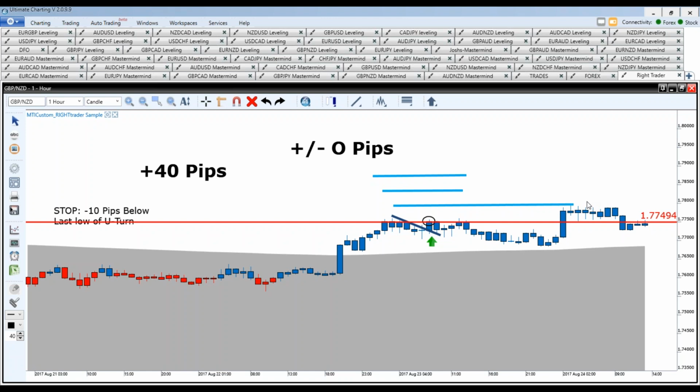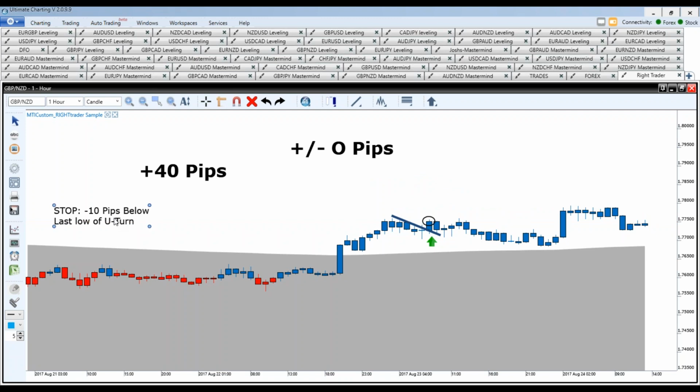Maybe not all your losses, but what if you turned 70% of your losing trades into potential winning trades, or at least break-even trades? Do you think that would make a difference between your success and failure as a trader? Yeah, hands down.